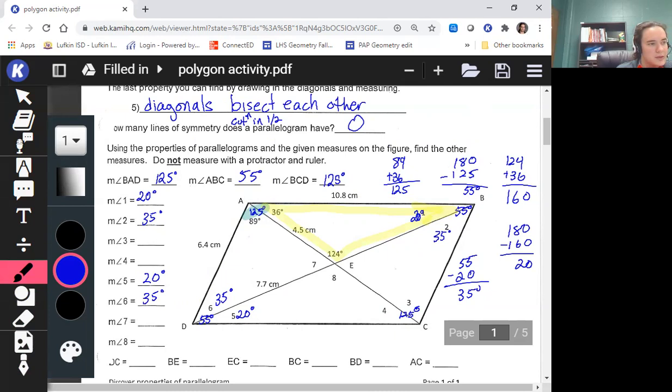Now I know angle BAE is 36 degrees, and it's an alternate interior angle with angle 4. So angle 4 is 36 degrees. And 89 degrees is an alternate interior angle with angle 3. So angle 3 is also 89 degrees.